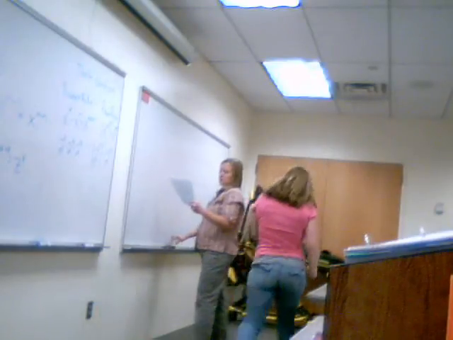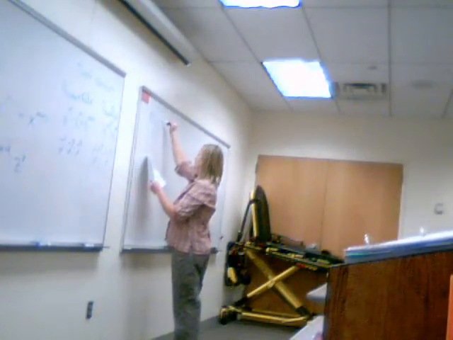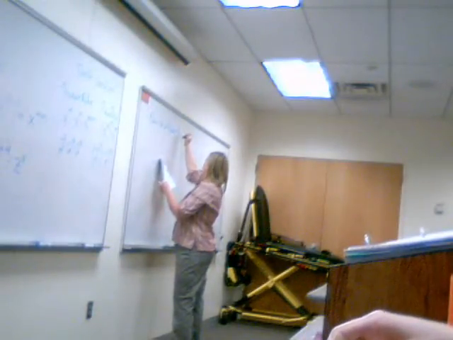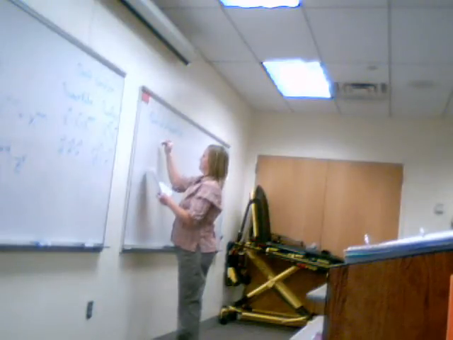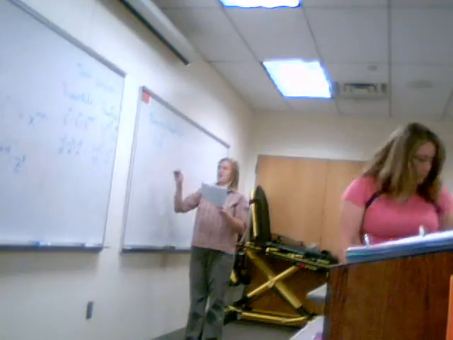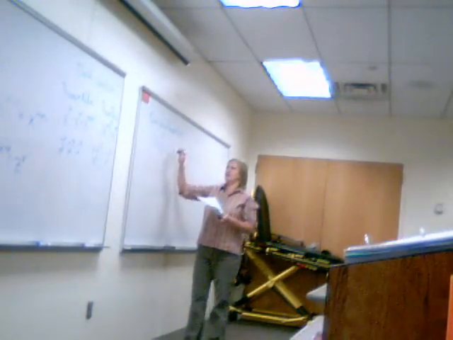Now within the product rule, there's the power of a product. And it's just saying if you have more than one thing inside the parentheses raised to an exponent, you're applying the exponent to everything inside.